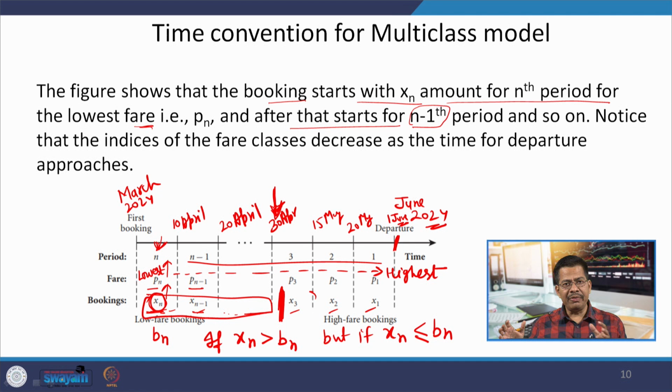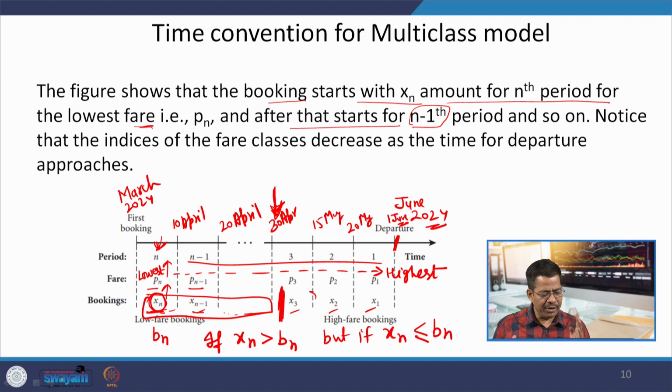I need not know for P2, P1 at this time, because in this third period I am going to accept bookings only for this particular class. So, I am only interested in knowing the booking limit for the third class, rather than doing calculations for all the available classes at that time.